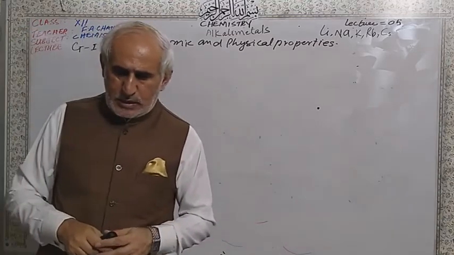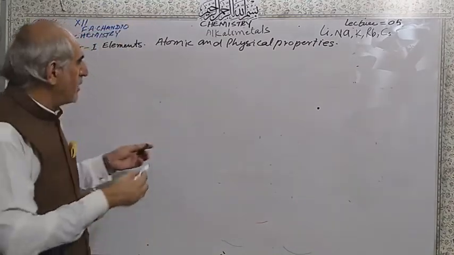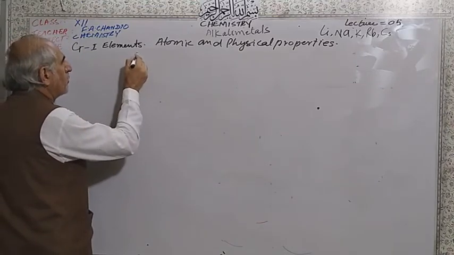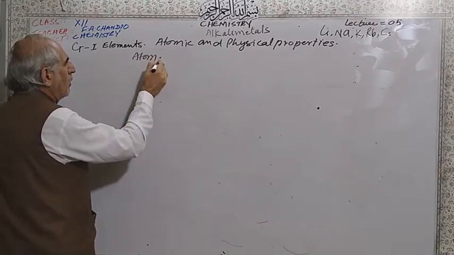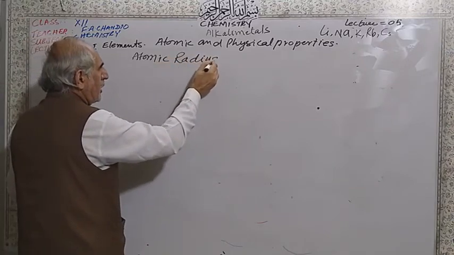It is present, but it is radioactive. Already I told you, that's why it is not mentioned here. So in the group, top to bottom: lithium, sodium, potassium, rubidium, and cesium.